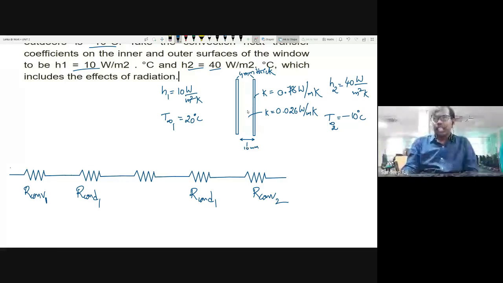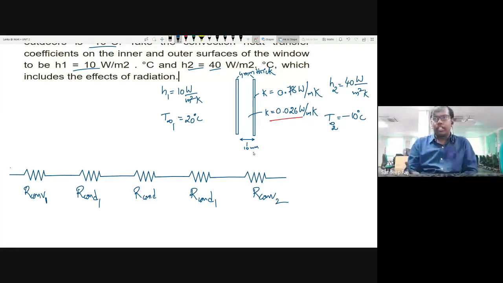But here you have air. When you have air, generally you take something called convection resistance. But here, the convection resistance value is not given to you. What he has given you is 0.026 watt per meter Kelvin, which is thermal conductivity. So you have to take conduction resistance itself here.